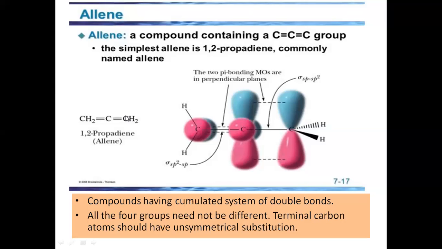Hence the allene with unsymmetrical substitution will not have any element of symmetry. If the allenes have different groups on the terminal carbon atoms, there is no element of symmetry present.